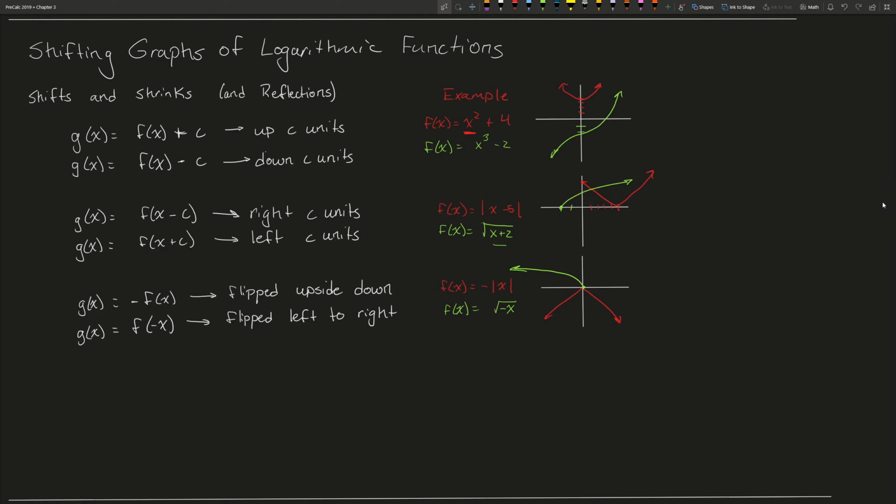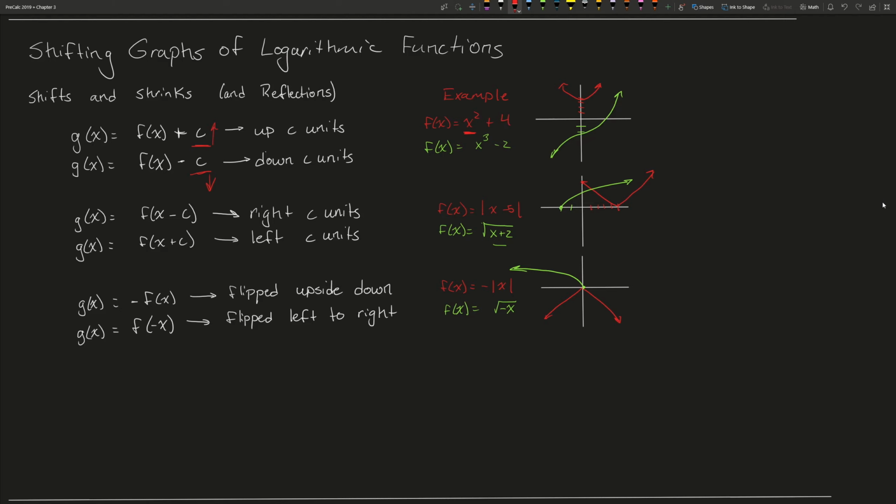And the general rule for transformations is if it has to do with the outside of the parentheses, you are moving up and down. If it has to do with the inside of the parentheses, you are moving left and right. So when we add something to our graph, we are moving it up that number of units. When we are subtracting something from a graph, we are moving it down.